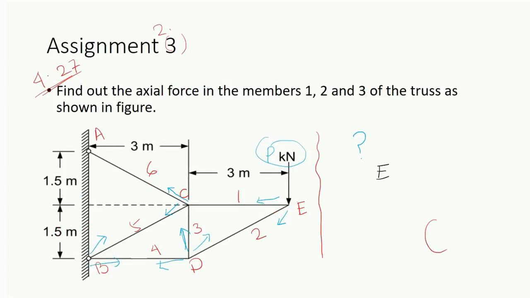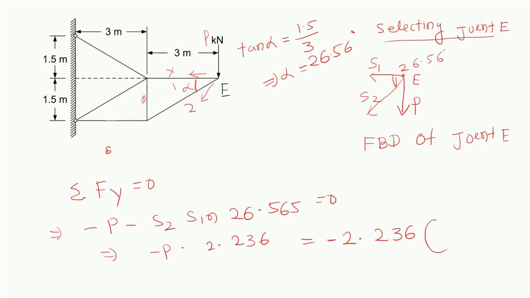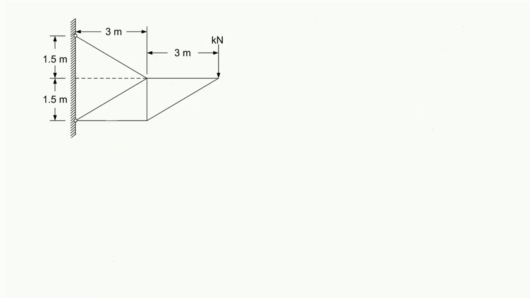Means you have to write here that compressive force is developed, only compressive force. But we remember that we are not going to change this direction for simplification, but we are going to write the answer as minus 2.236 into P. Minus symbol should be there. Okay, this is the point, T 1, 2, and all as the tensile force.